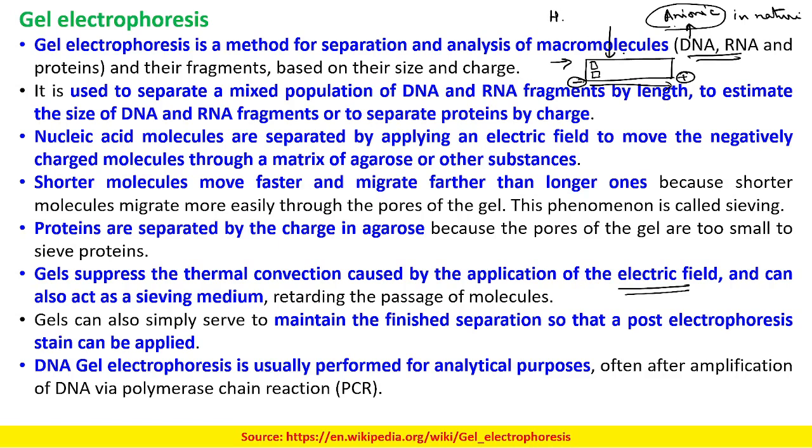Now you need to remember that agarose gel electrophoresis happens in the horizontal way. Agarose gel electrophoresis is carried out in the horizontal platform, whereas PAGE is carried out in the vertical platform.